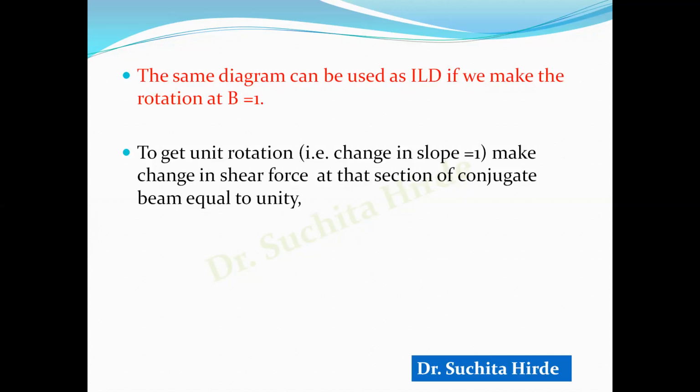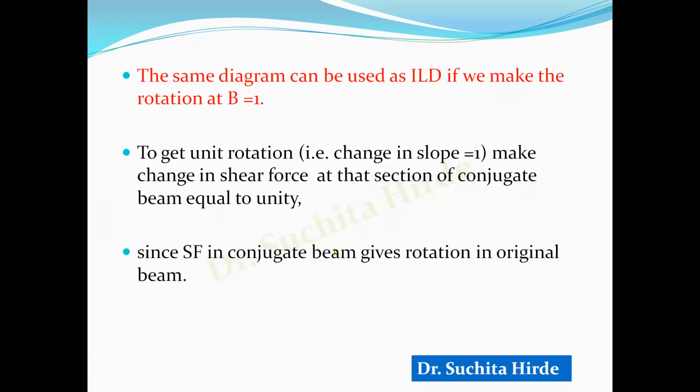And therefore, to have unit rotation at B, we have to make the change in shear force at that section equal to unity. Shear force in the conjugate beam corresponds to rotation in the original beam, and therefore we have to make the shear force at that section equal to 1. So let us see how to make this shear force equal to 1 in the conjugate beam.